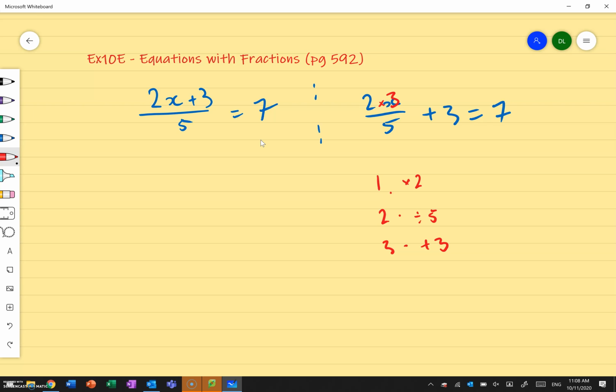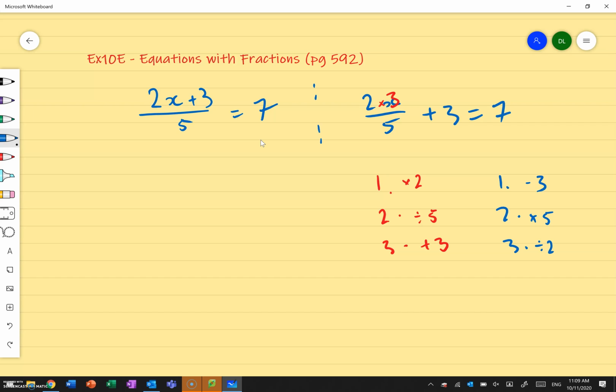I start at the bottom. The first one is plus 3, so the opposite of that is minus 3. And then the opposite of that one is times 5, thank you very much. And then over here, divided by 2. So we do the opposite.